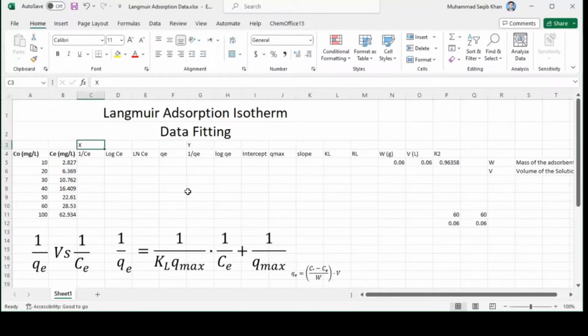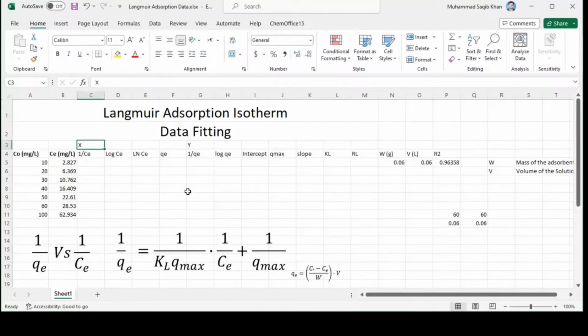Okay, one thing we forgot, as over here we have used the W value and V value, so these values will be constant throughout all concentrations. So we will lock these two. For locking, just enter a $ sign before and after the column number.